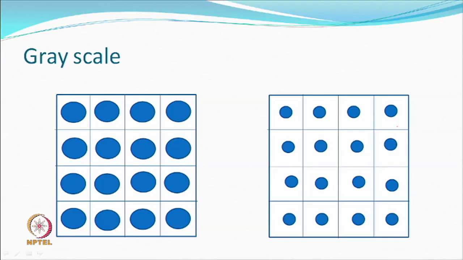For example, the resolution is the same here in both directions, but the drop size is different. So, what will be the effect? It will be as if you are producing a lighter shade, because the background is also going to be visible. So, more background is going to be visible, therefore, resolution could be the same, but drop size can affect the overall appearance of the design and the effect.